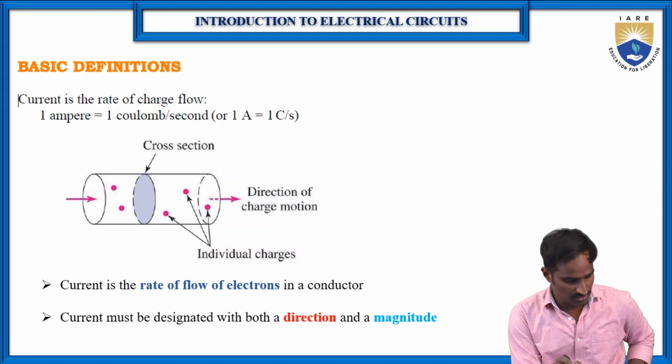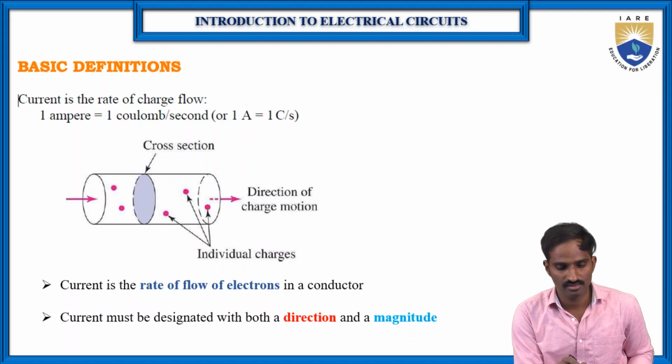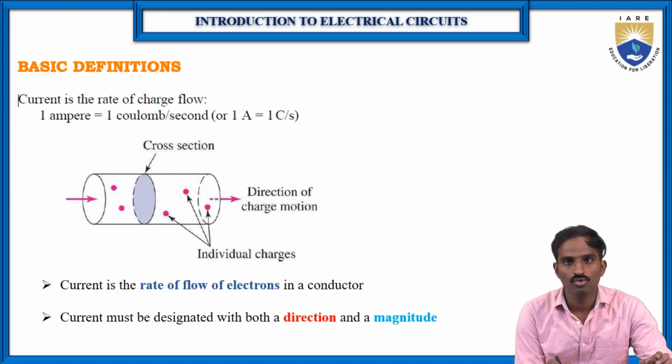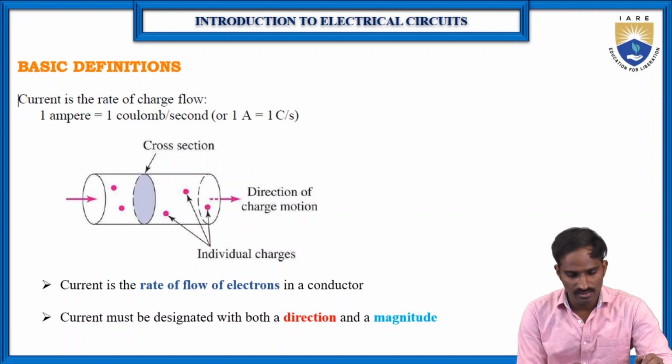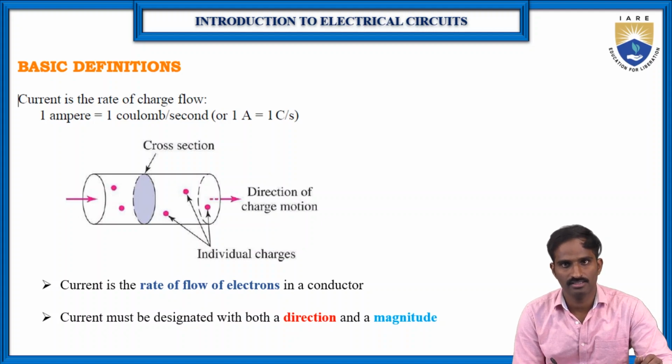So ampere is equal to coulomb per second. We can also define current as the rate of flow of electrons in a conductor.